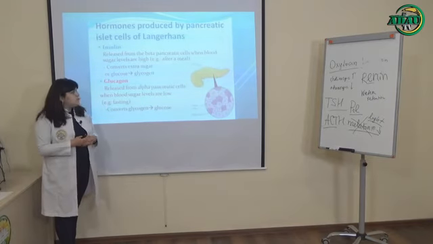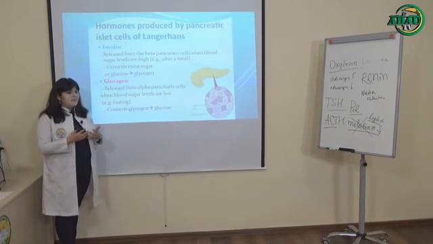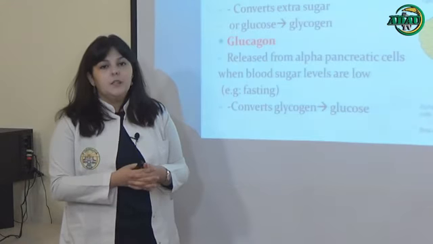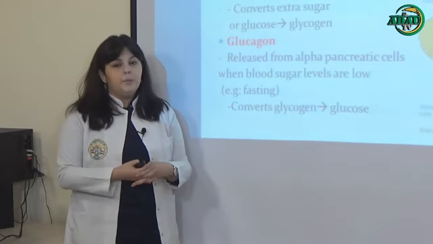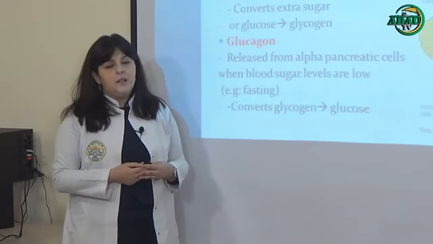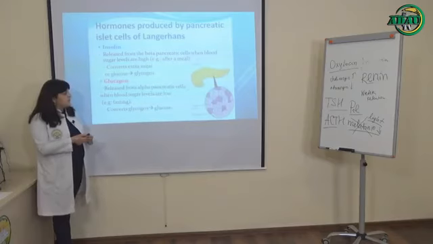So again, these two hormones have a somewhat antagonistic effect. They have one main goal: to regulate and keep in balance the level of glucose in the blood. So pancreas is an example of a mixed gland which has both endocrine and exocrine functions.